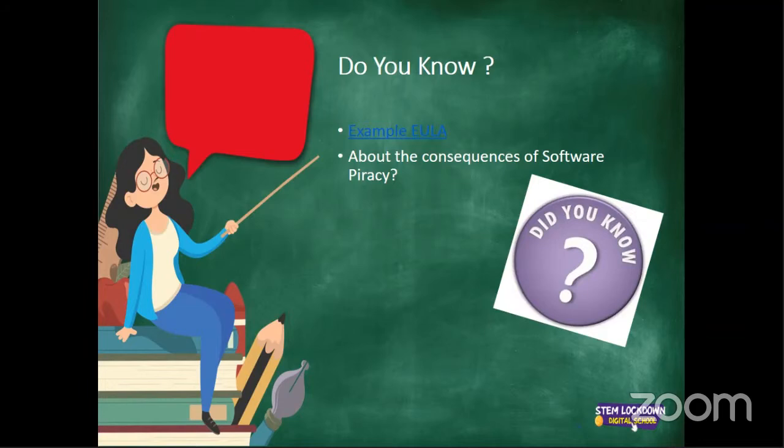A license agreement between a software development company and the user of the proprietary software is the end user license agreement. Exactly. So for some software, when you install them, before you can use it, they will show a license agreement. You click on agree. If you don't agree, you cannot install that particular software.